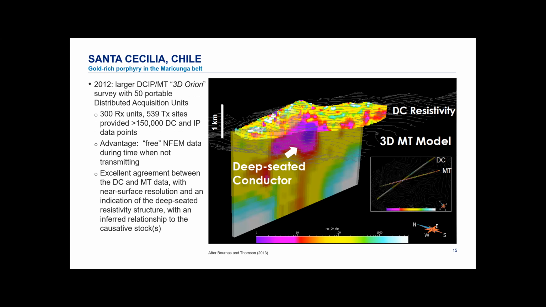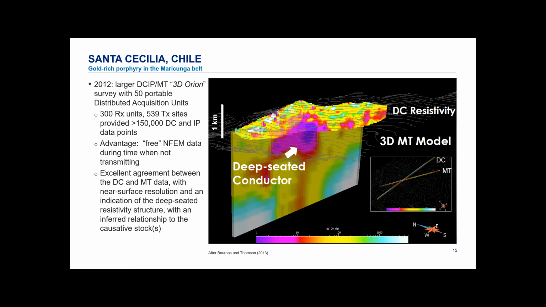So there's the 2012 CSAMT looking at depth, and then the 2010, and then in 2012 they went back and they did this 3D DCIP or Orion survey, and basically we can see if all you had was that. So the voxel on top is the DC data.